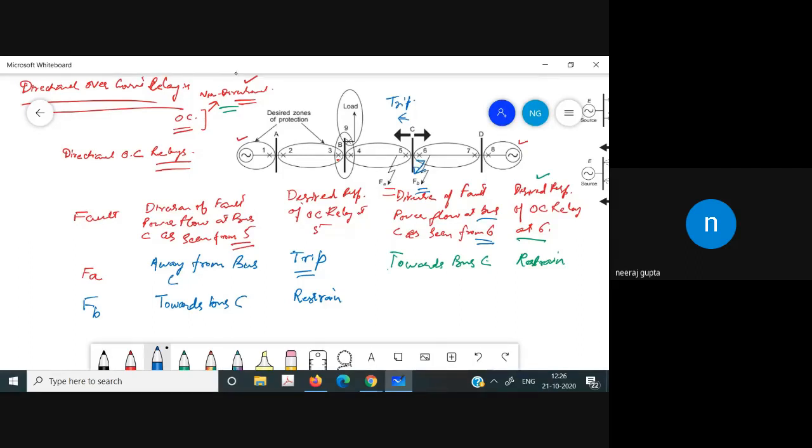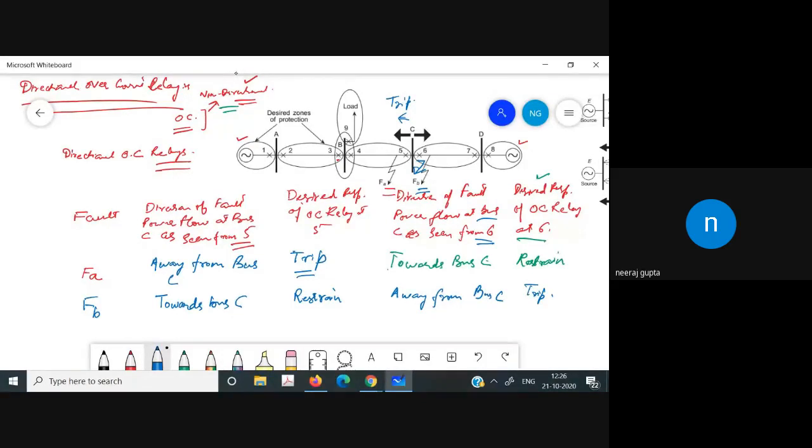It is seeing it as a fault, so it will definitely trip. The power is moving away from the bus C, and definitely it is within its zone, so it will trip.